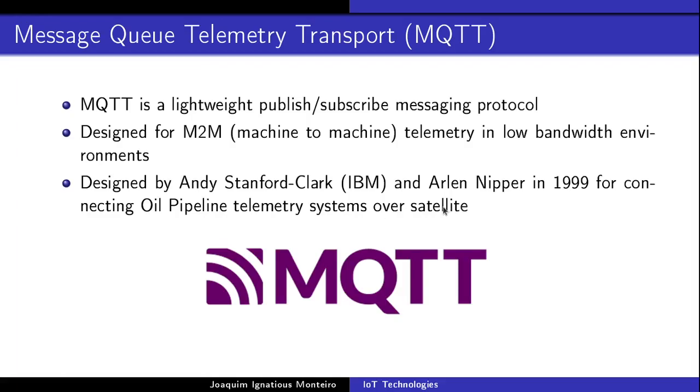Excel is the product, so it's a line of products, Surf Excel. These two people wanted a telemetry system for monitoring oil pipelines. They had satellite links, but they were very expensive at that time. But they needed to acquire the status data of these oil pipelines, which ran through remote areas, and they wanted to connect it to a satellite network.